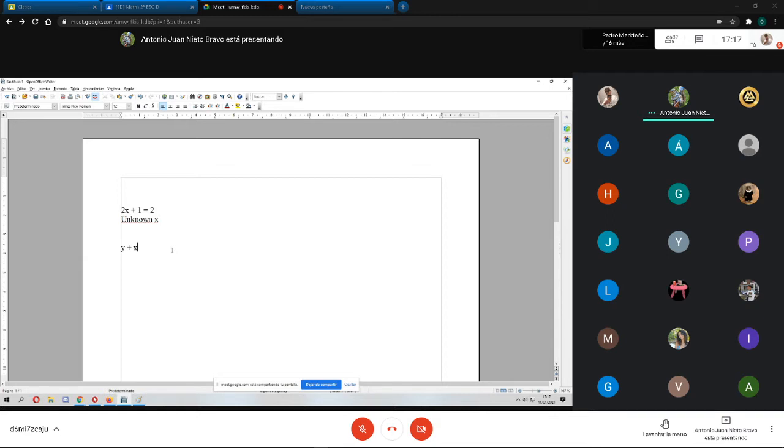What's happening here? For example, this is an equation with two unknowns. Can anyone give me a solution for that equation, please? Writing on the chat. X plus y equals 2.